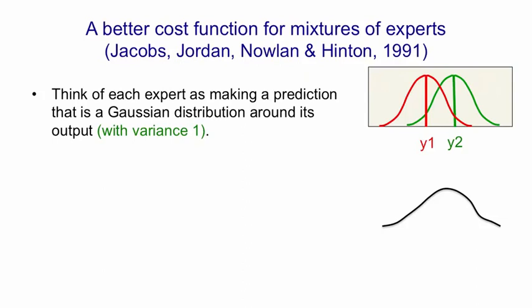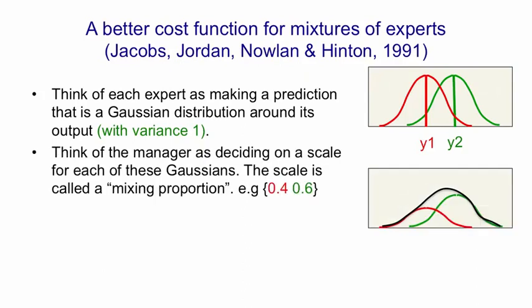So the red expert makes a Gaussian distribution of predictions around y1, and the green expert makes a Gaussian prediction around y2. The manager then decides probabilities for the two experts, and those probabilities are used to scale down the Gaussians. Those probabilities have to add to 1, and they're called mixing proportions.